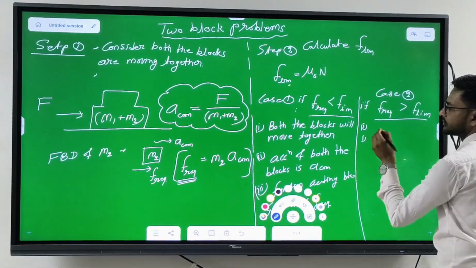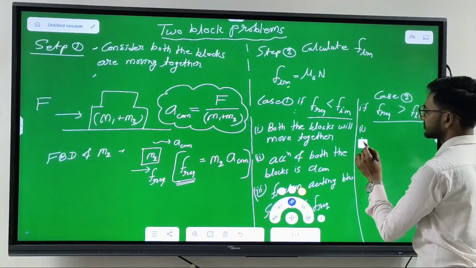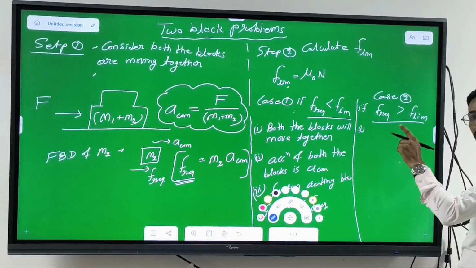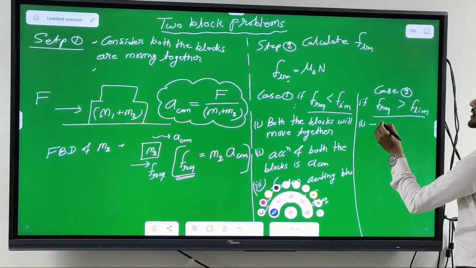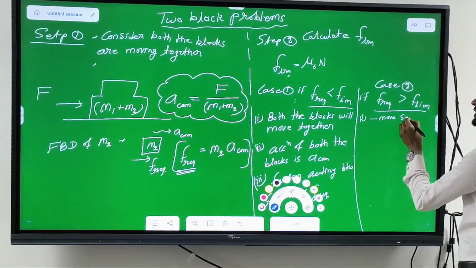The first conclusion is that both the blocks will move separately.